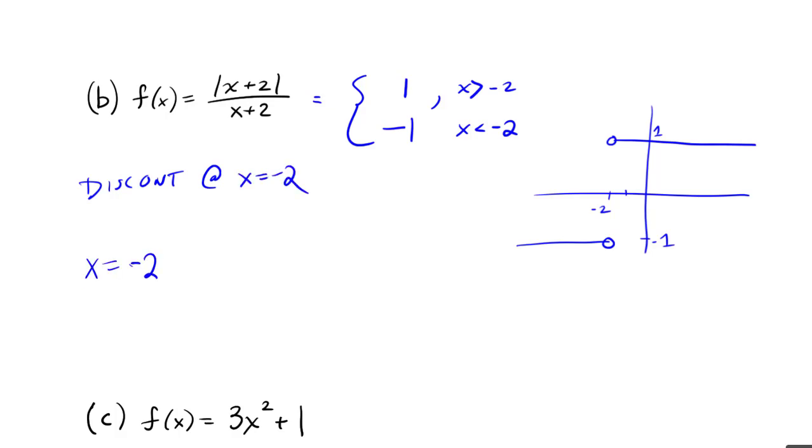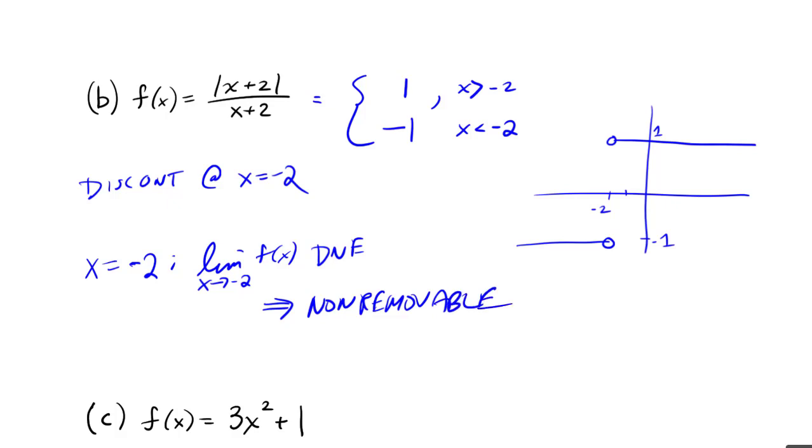And what's happening there? Well, the limit as x approaches -2 of f of x does not exist. Therefore, this is non-removable. If you want to think about the game we were trying to play, there's no point value that I can put in that would connect these graphs up and make them continuous.